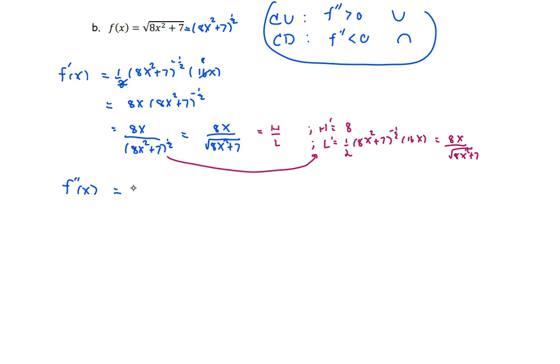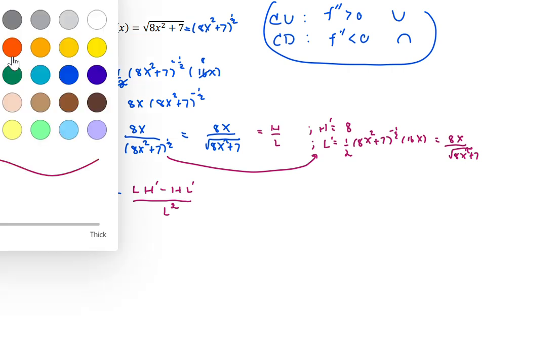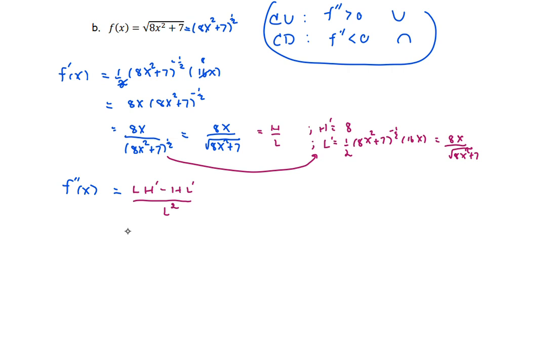Then we put it together using the quotient rule to find the second derivative. That gives us, by using the formula low d high minus high d low, draw the line, low squared. Draw the line before we forget the denominator. The low is the square root of 8x squared plus 7.